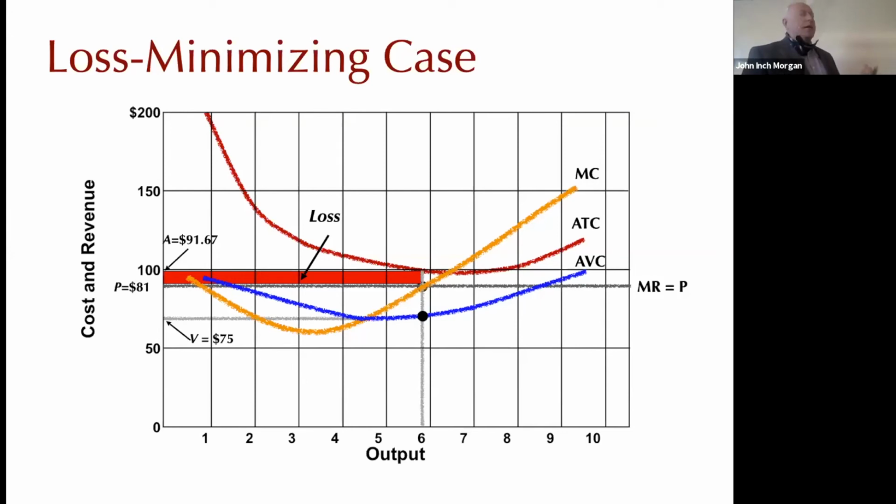Now, speculate for just a minute. If I said, well, I'm going to produce 8 units, then I'm increasing that difference between my cost and the price. Can you see that difference coming into this? So if I said I'm going to produce 8 units here, then my marginal cost is going to be up here around $130, yet my revenue coming in is still going to be $81.